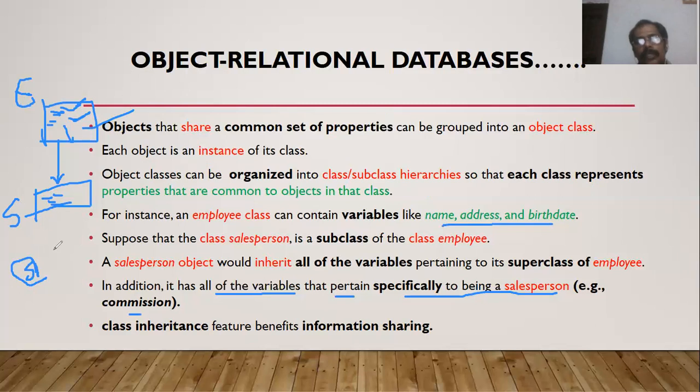When E1 is an object of employee, it has only the 3 attributes of employee. So the class inheritance feature benefits information sharing.